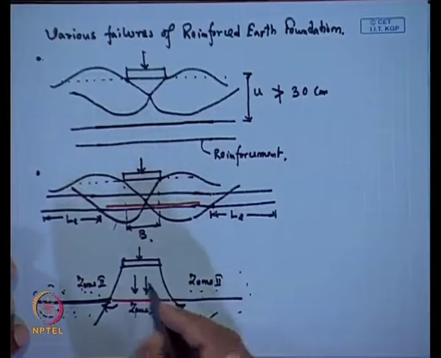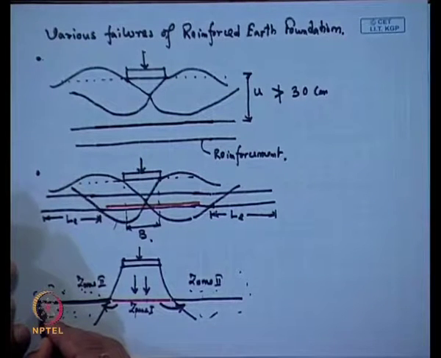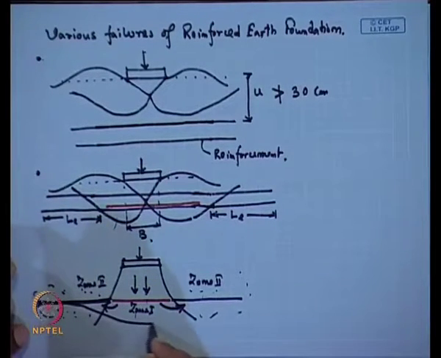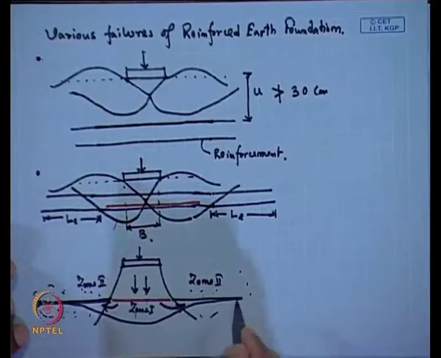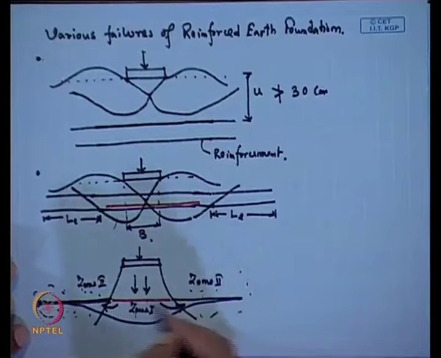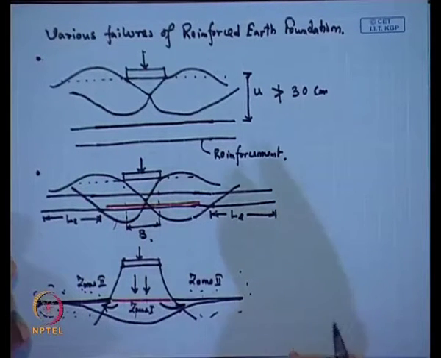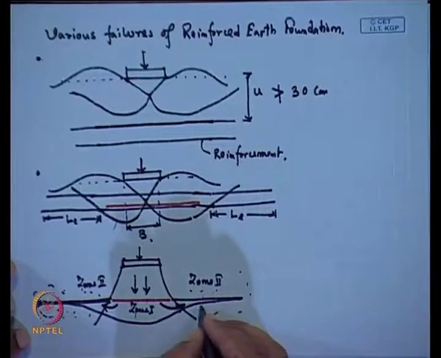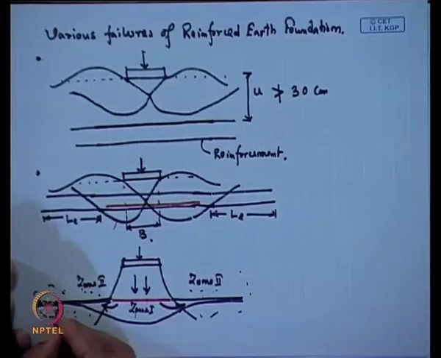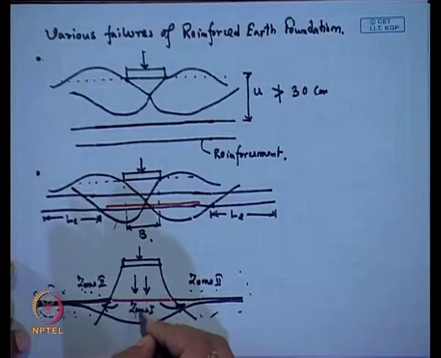Now, there will be this type of deformation pattern, because there is sufficient anchorage. We will get this deformation pattern in the reinforcement. We have to provide it such that at the end of the reinforcement there is very negligible deformation, there is sufficient anchorage, and most of the deformation is in the center.